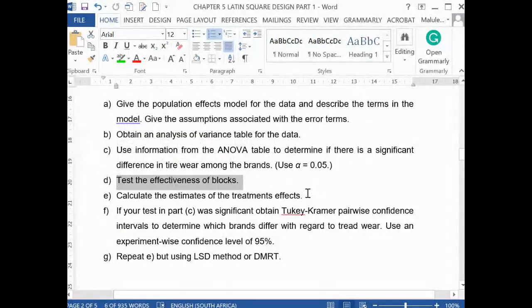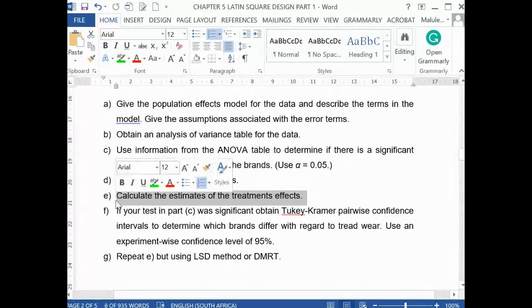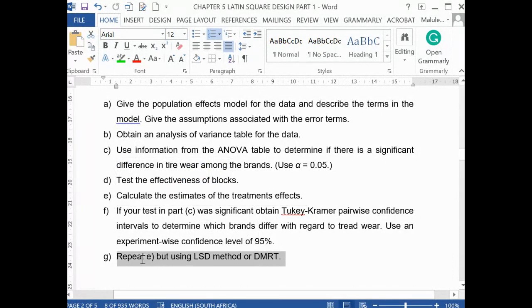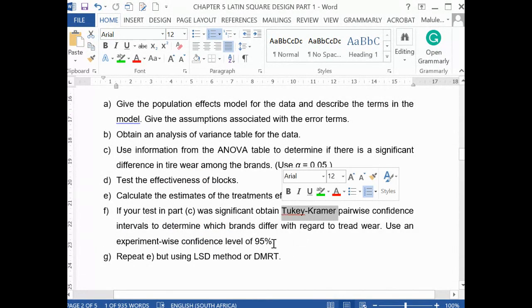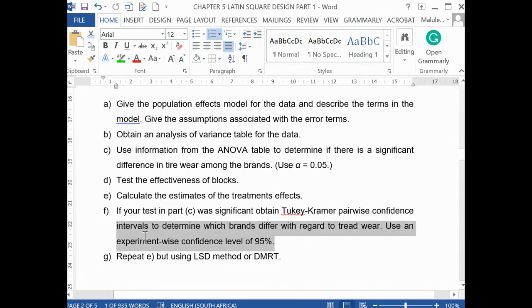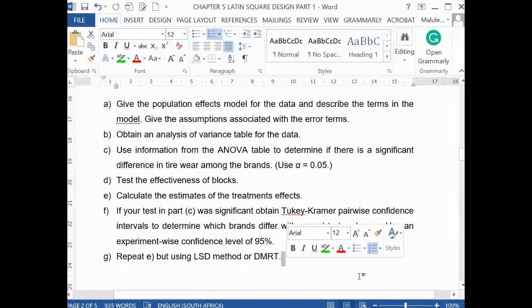We did that. Calculate the estimate of the treatment. Mr. Smanga gave us a hint on how to do it. We managed to do pairwise comparison using Duncan's multiple range test, but we still have the Tukey method and Student Newman Keuls. I nearly forgot to explain the confidence interval part of all this.